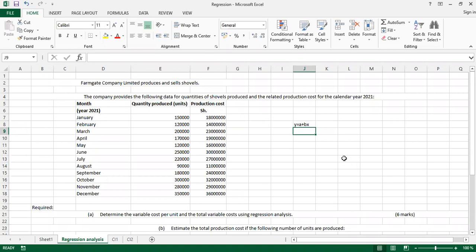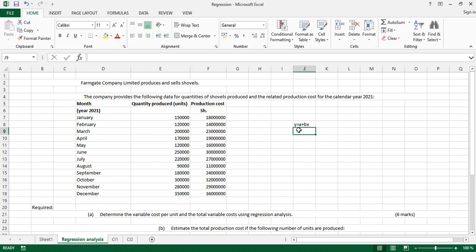And you must know that we have the dependent and the independent variable. The dependent variable actually depends on the independent variable. For our case, our production cost actually depends on our quantity of units. So our quantity of units is independent, and our production cost is the dependent.